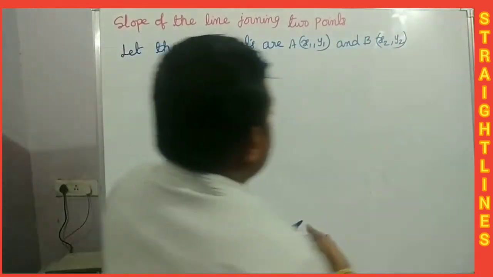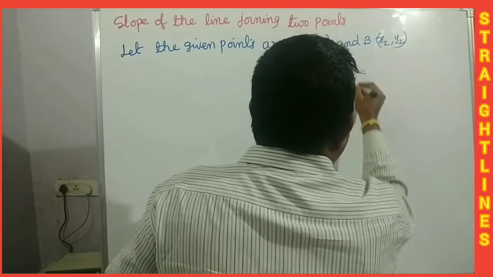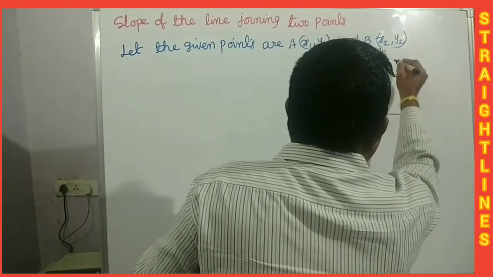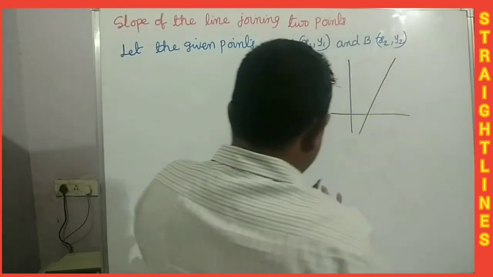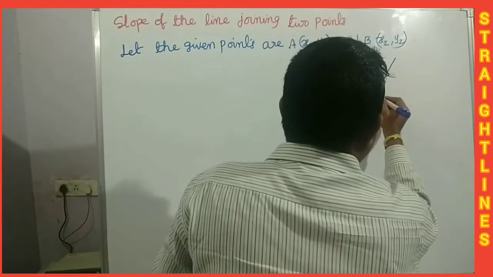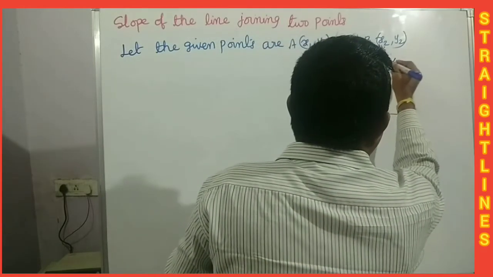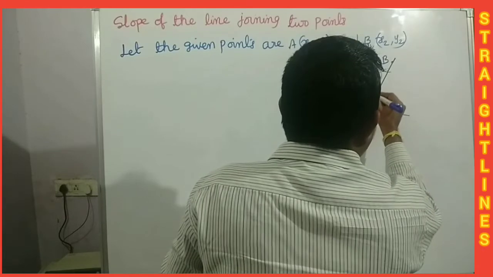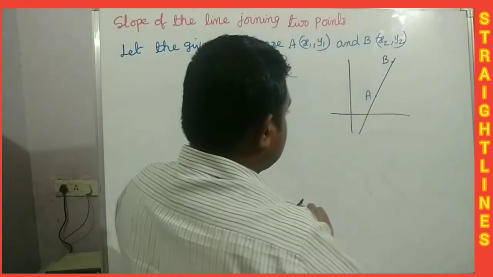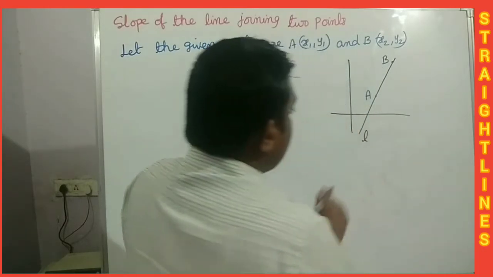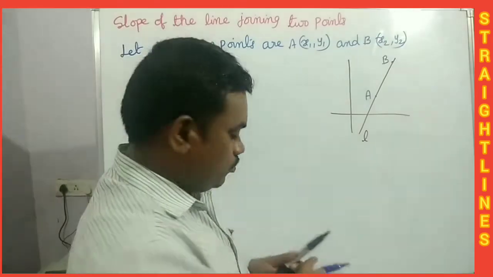Now see here, the line L is passing through the points A x1 y1 and B x2 y2.